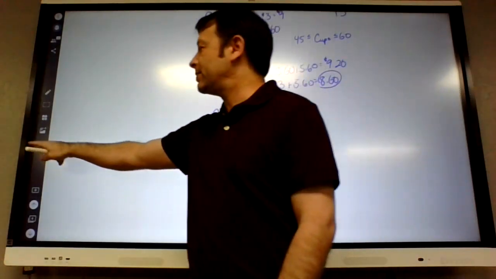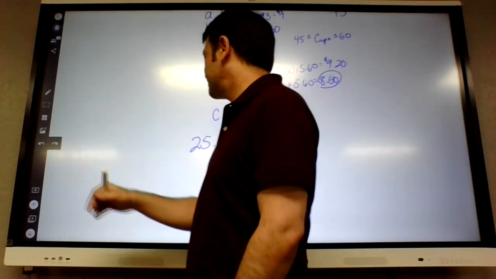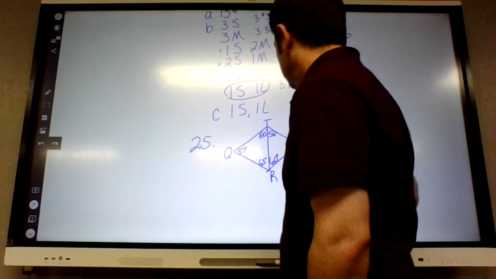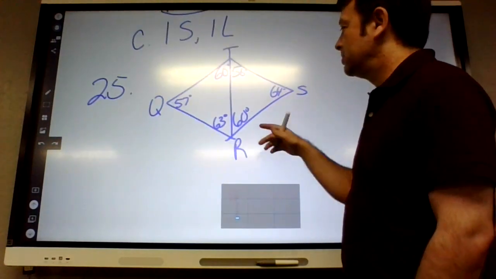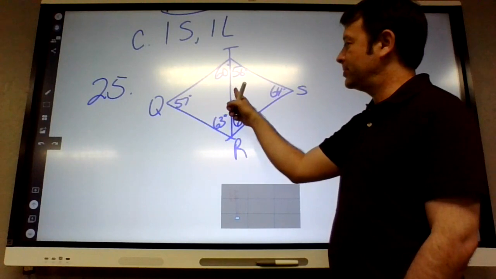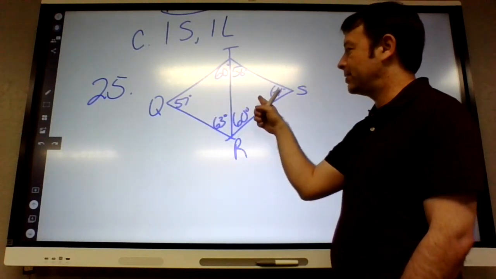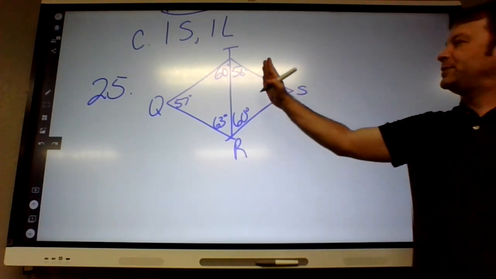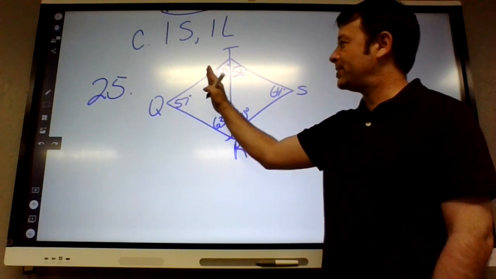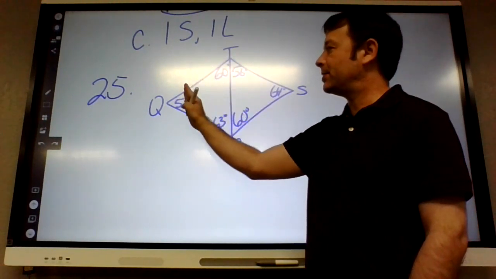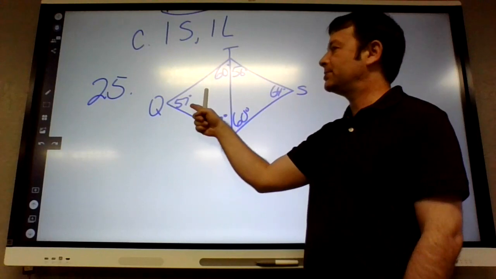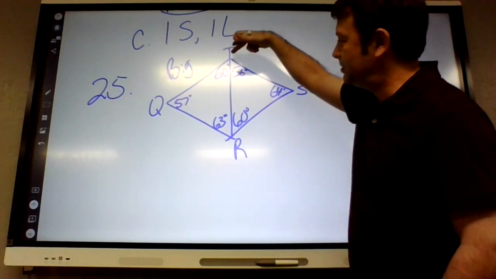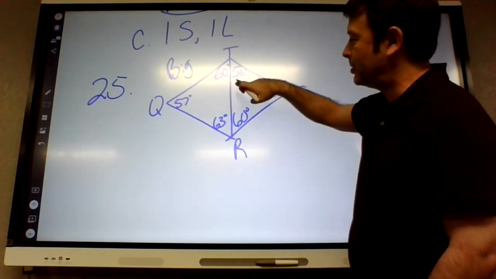So which of the two triangles must be bigger? If TR is the smallest of these but the biggest of these, that means this triangle must be bigger, because TR is only a small guy in this triangle. So this is the big triangle.